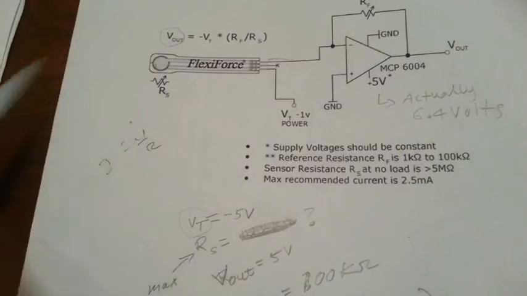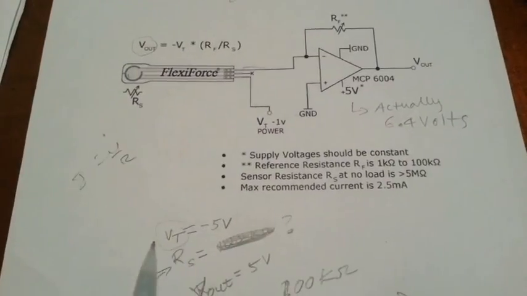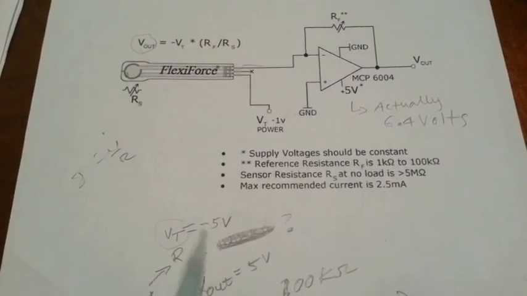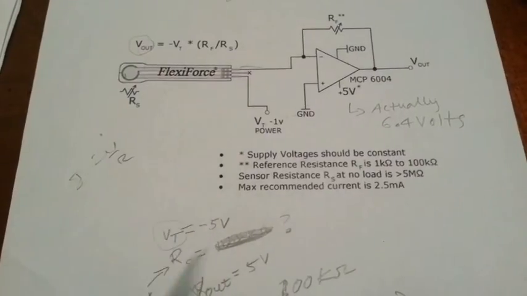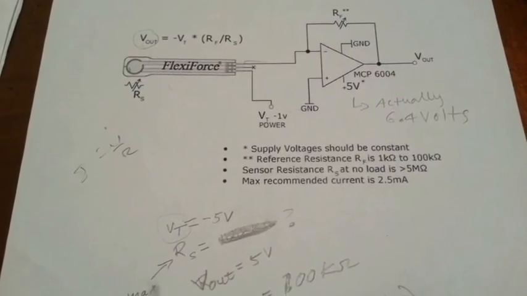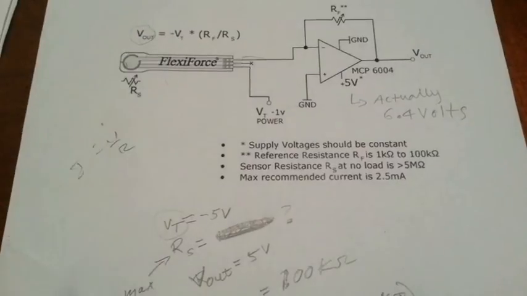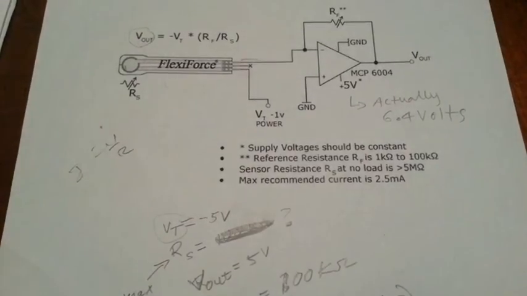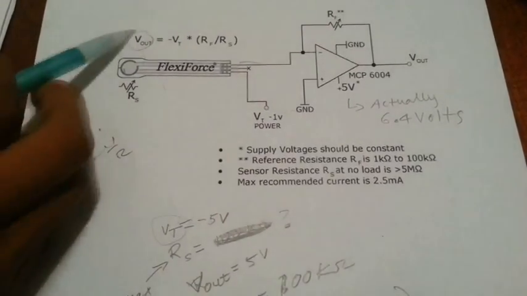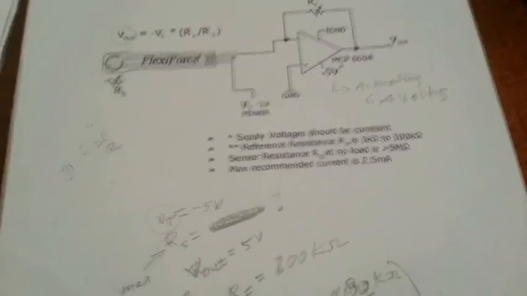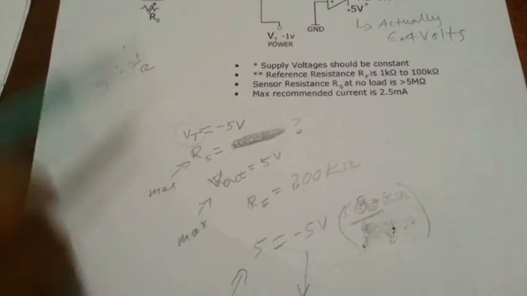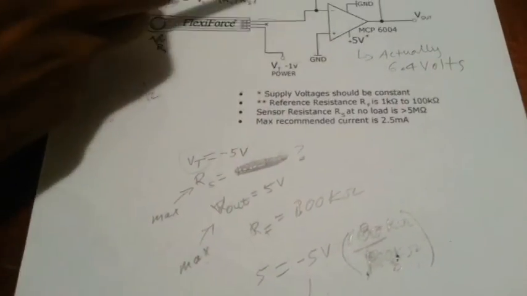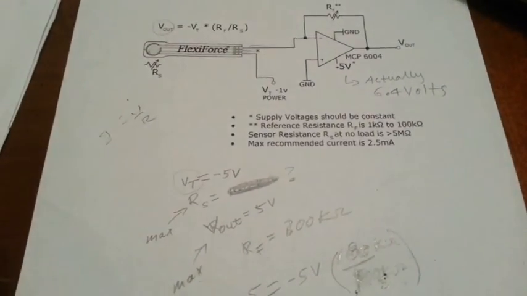So by using this formula, we're going to set VT to -5 volts. RS is unknown, which we are trying to find. Vout is going to be 5 volts, and RF, our feedback resistor, is going to be 100K.